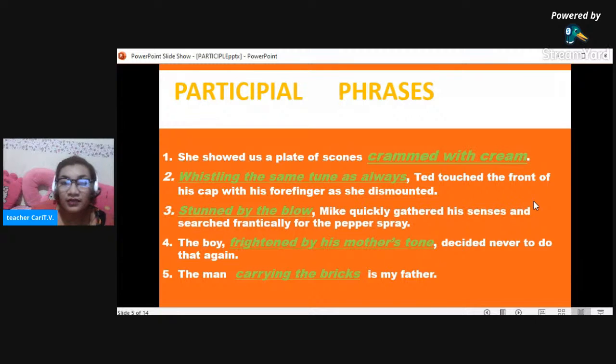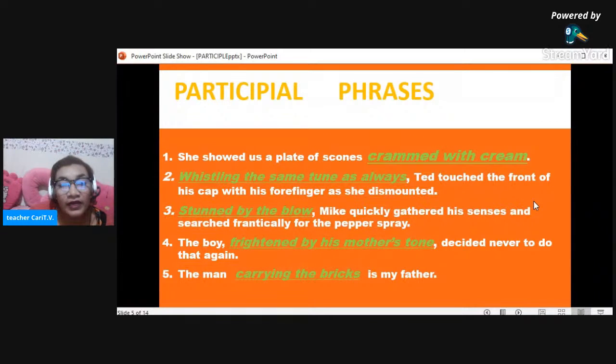Number three, stunned by the blow, Mike quickly gathered his senses and searched frantically for the pepper spray. So it starts with the participle that ends in -ed, which is stunned by the blow, modifying the subject Mike.